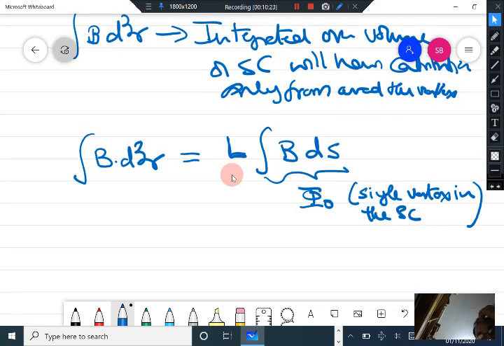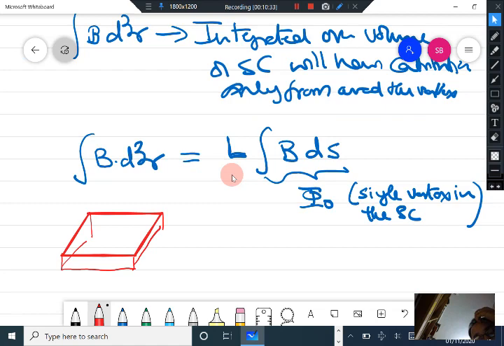Recall that a vortex carries a fixed quantum of magnetic flux, which is the flux associated with the entire superconductor.